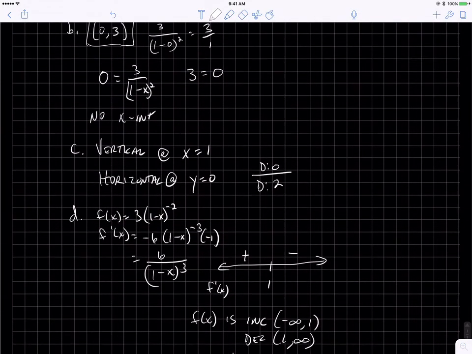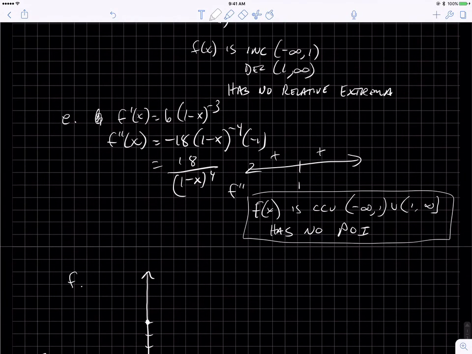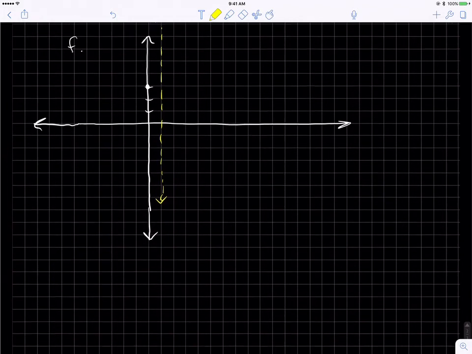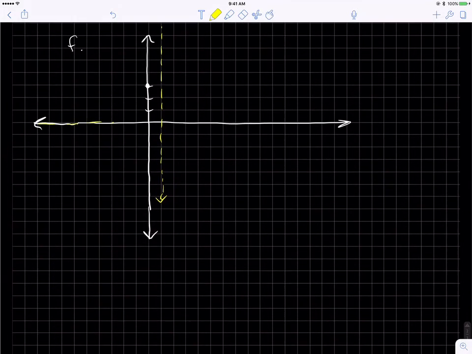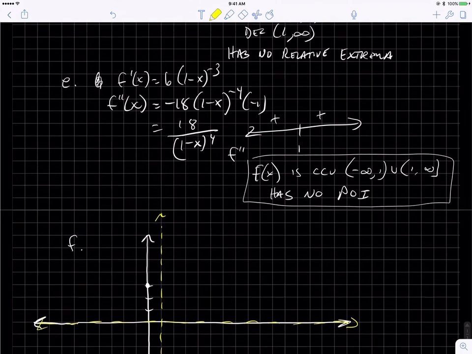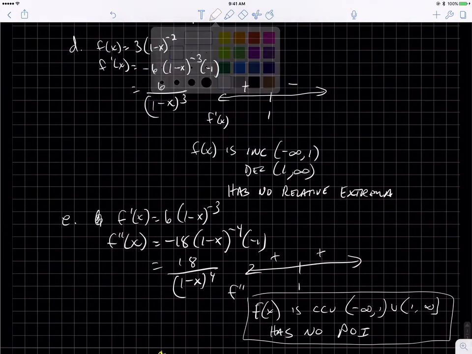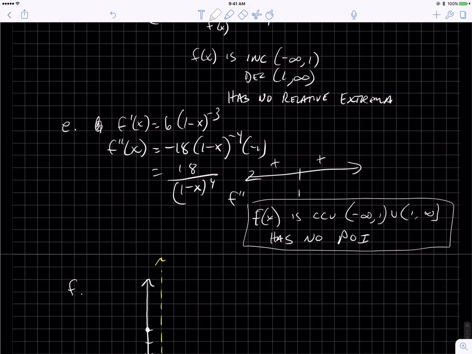We know there's a vertical asymptote at x equals 1. There's a horizontal asymptote at y equals 0. There's no x-intercepts.